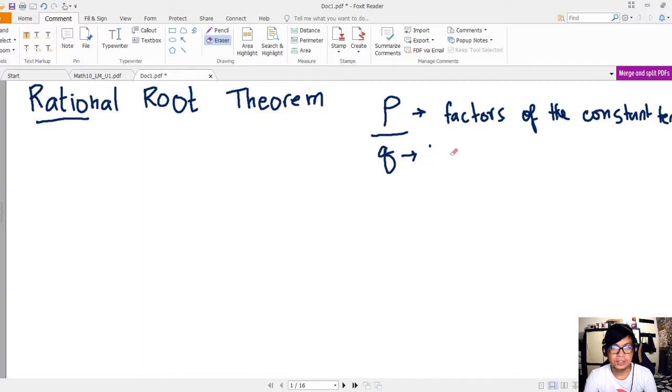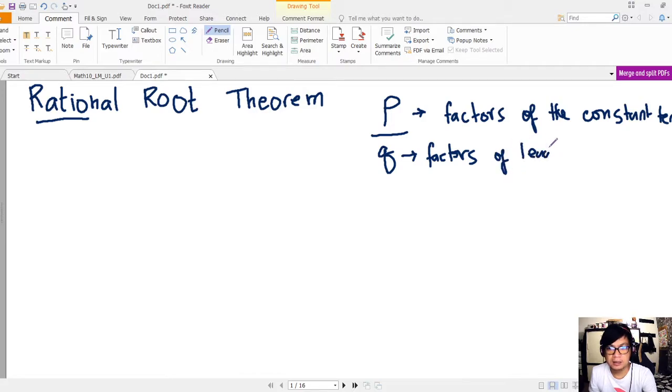This is the factors of the leading coefficient in a given polynomial equation.